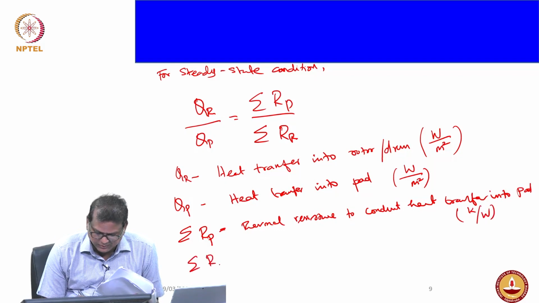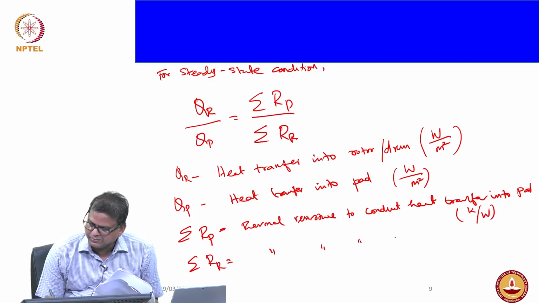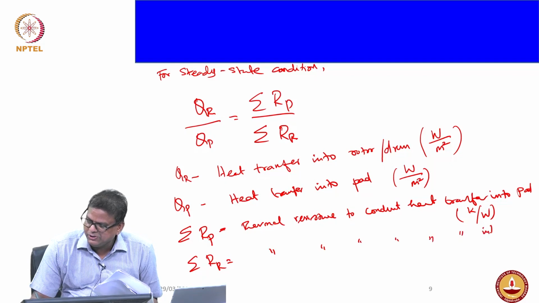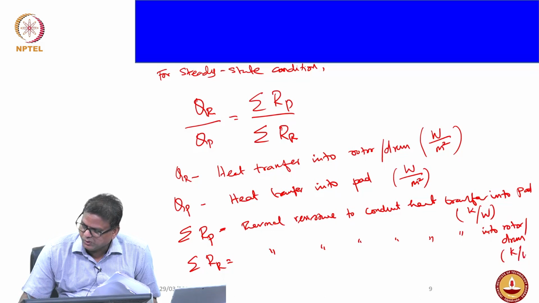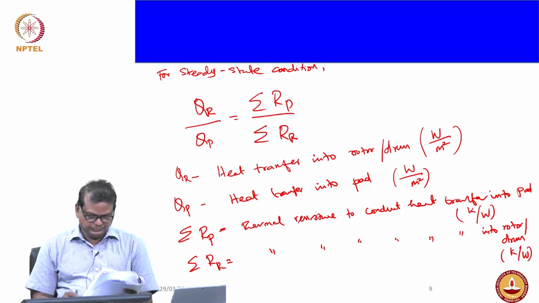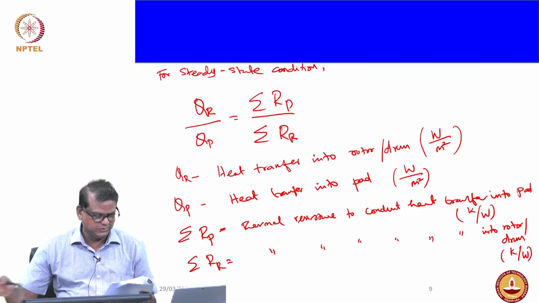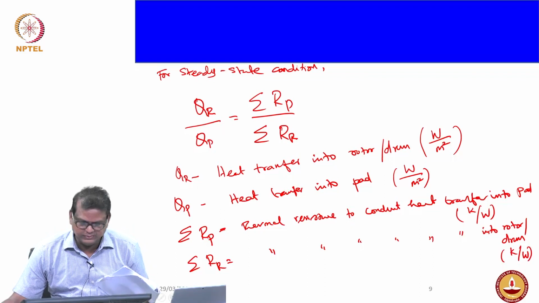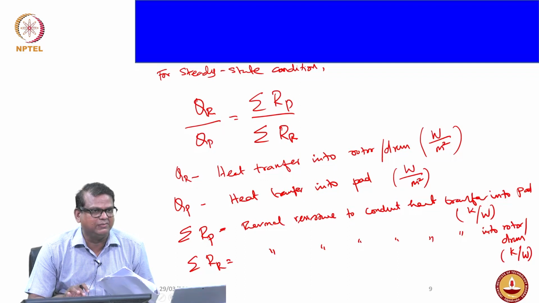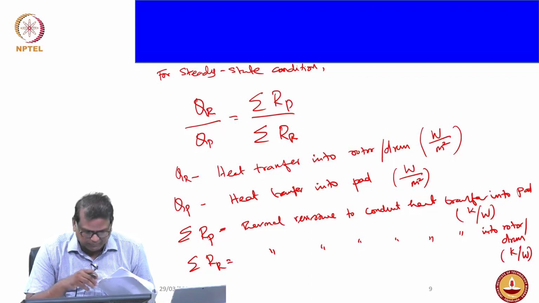Then this is R, the same thing, thermal resistance to conduct heat into the rotor or drum. That should be Kelvin per watt. So these are the units. This is the concept we are going to apply.